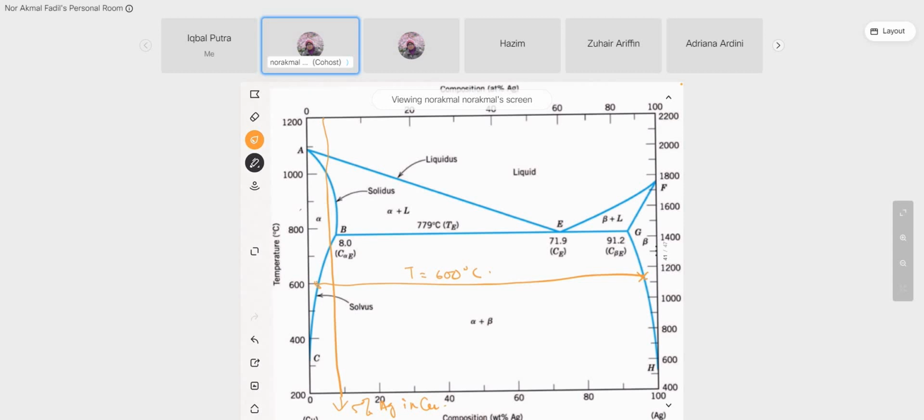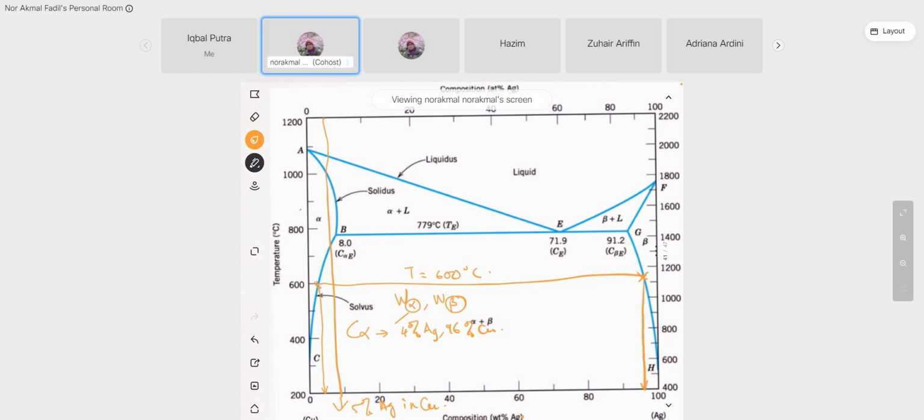Right, you can determine how many percent of alpha and how many percent of beta. Remember, alpha and beta consist of different phases, meaning the concentration of silver and copper is different. The composition of alpha, if we read from here, is about 4% silver and 96% copper. What about beta? Beta we can read through here.